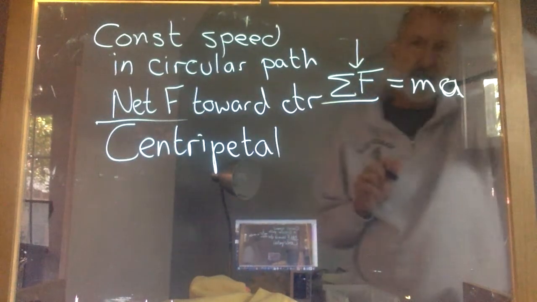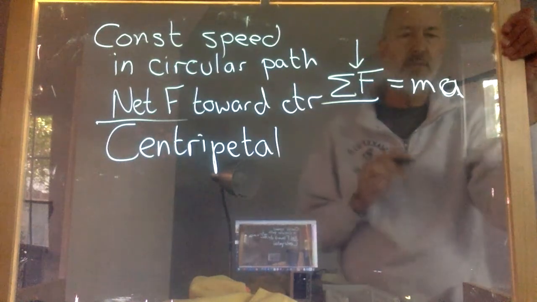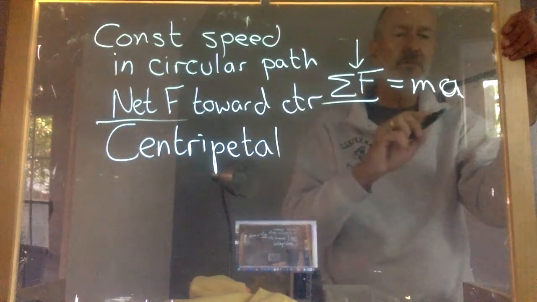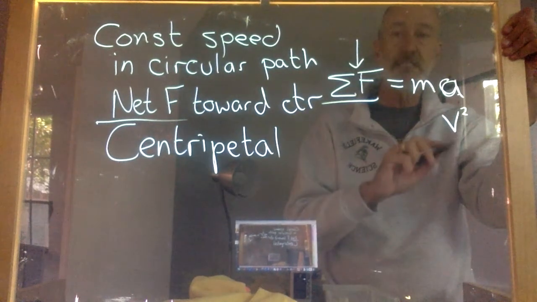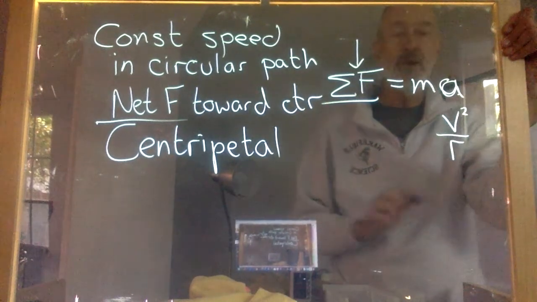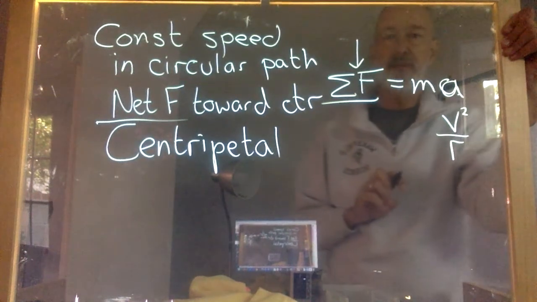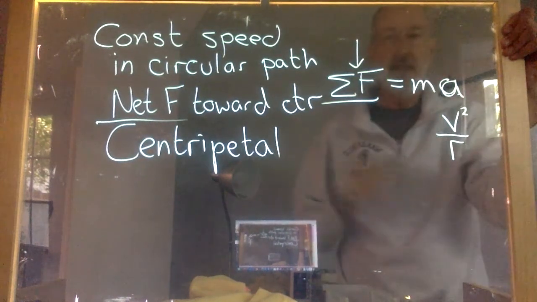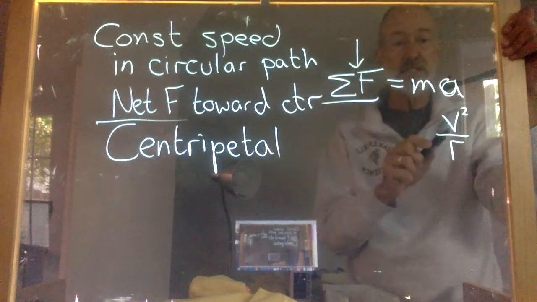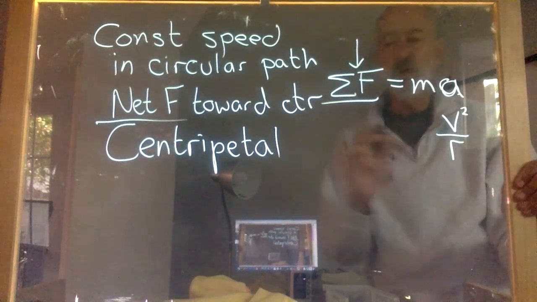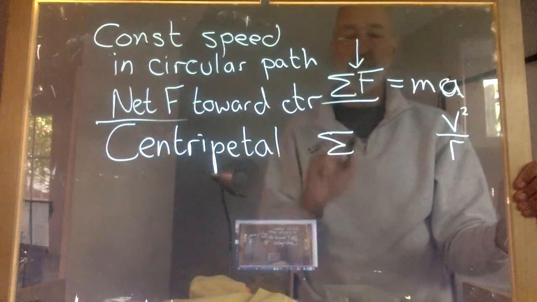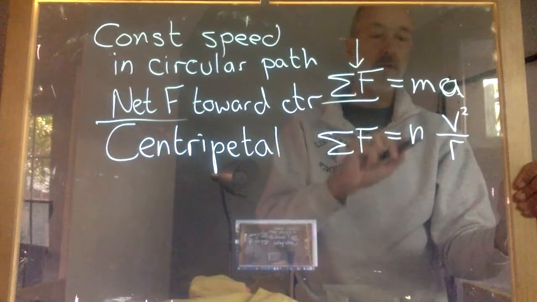And it turns out, and I can derive this separately for you, that that acceleration is given by v squared, how fast it's going, divided by r. And there are a couple little changes that we've got to make when we talk about v, again because that direction is constantly changing. So this is just how fast it's going. So what we end up with is sum of forces for something moving in a circle.